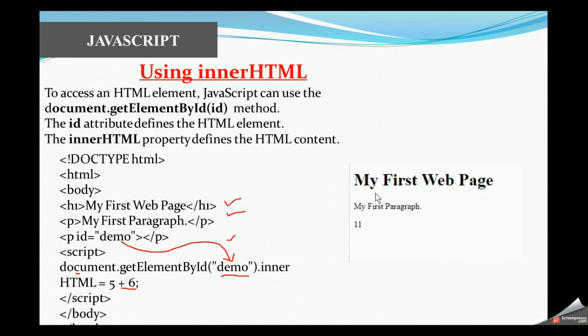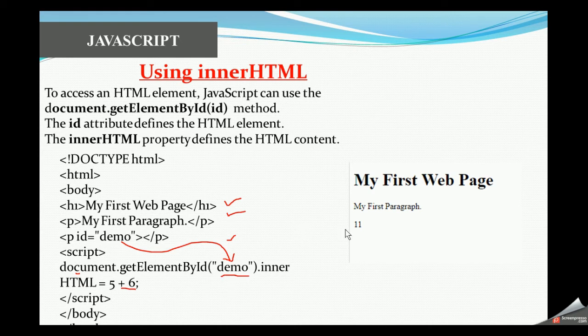Let's see the output. On the first heading you are getting my first web page, on the second you are getting my first paragraph, and on the third you are getting 11. That means on this paragraph you are getting the JavaScript code that you are running. Since you have used the unique ID name demo, and this ID is placed over here, you will be getting output as 11.